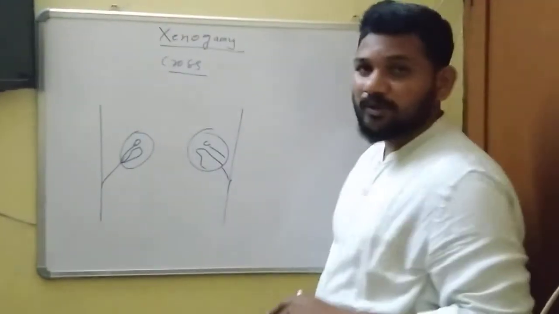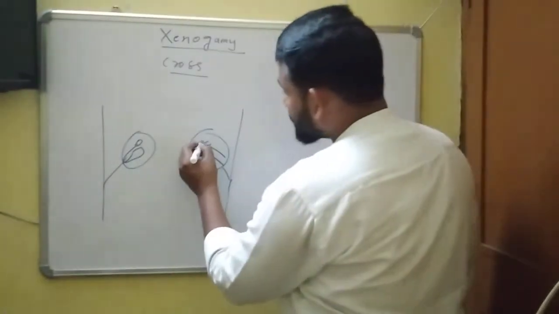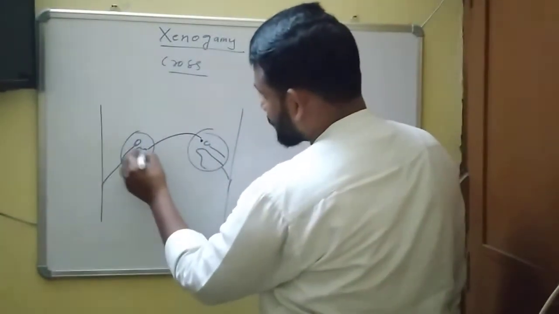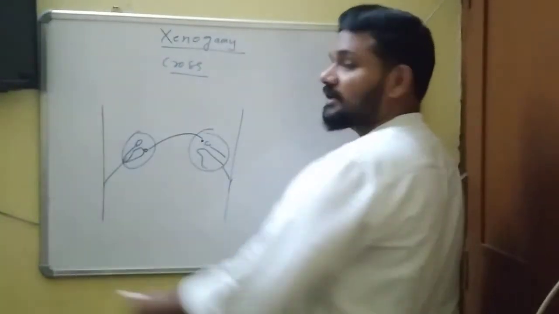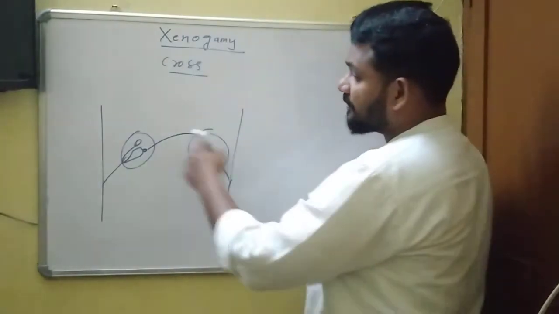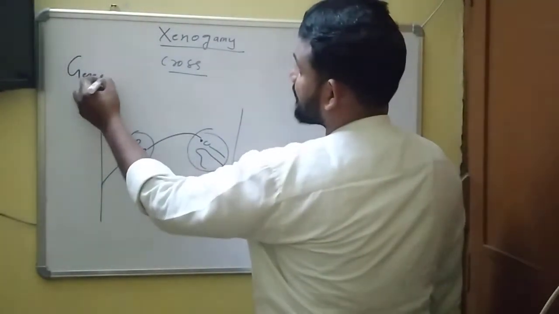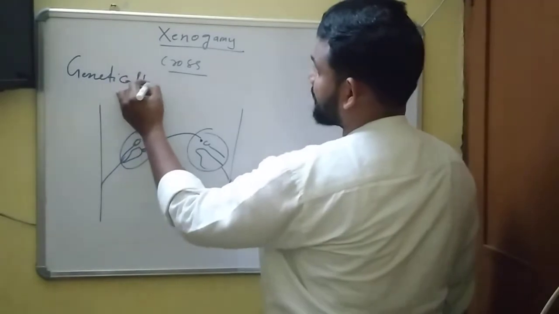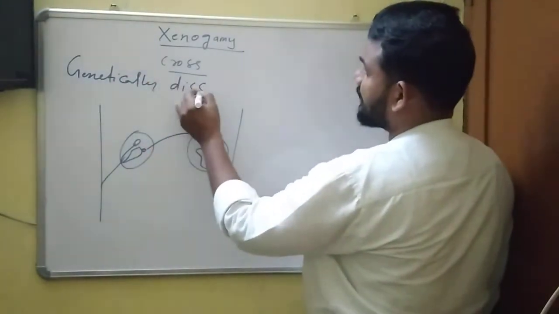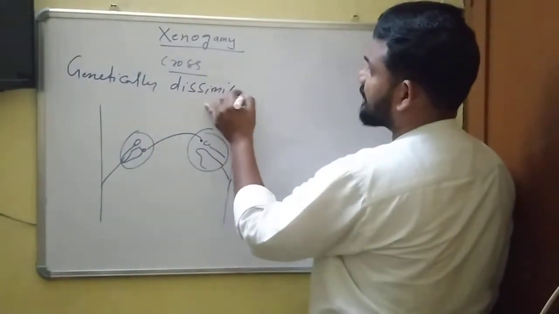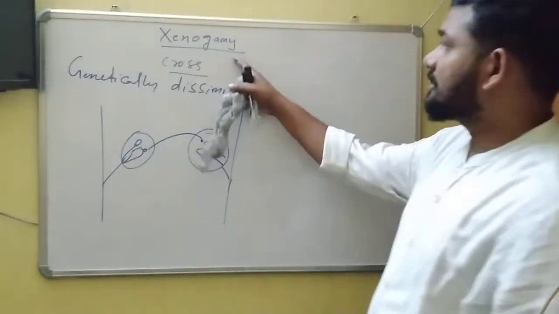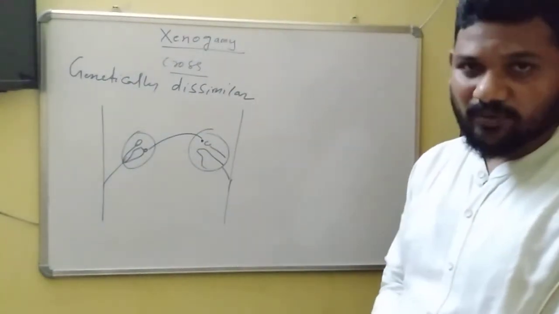And what is xenogamy or cross pollination? Transfer of pollen grain from anther to stigma of another flower of another plant. Basically they are genetically dissimilar flowers. Pollination between genetically dissimilar flowers is called cross pollination or xenogamy.